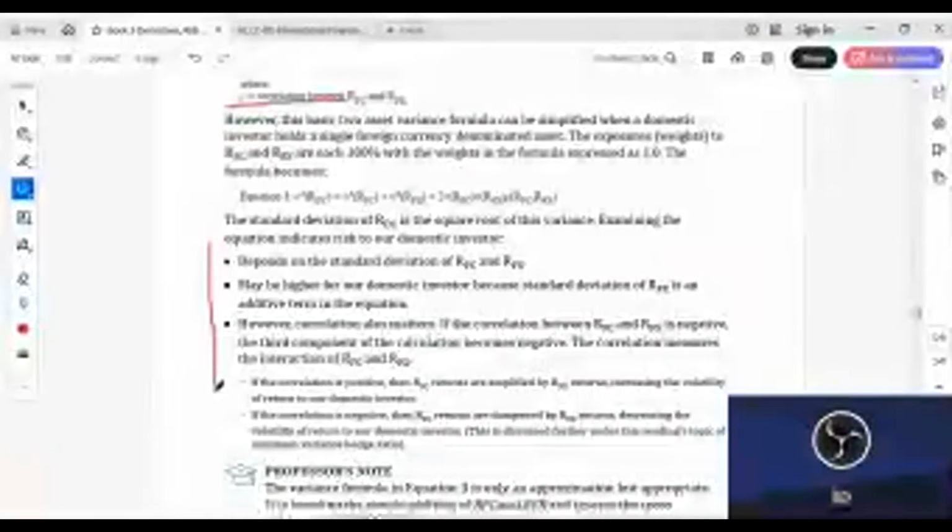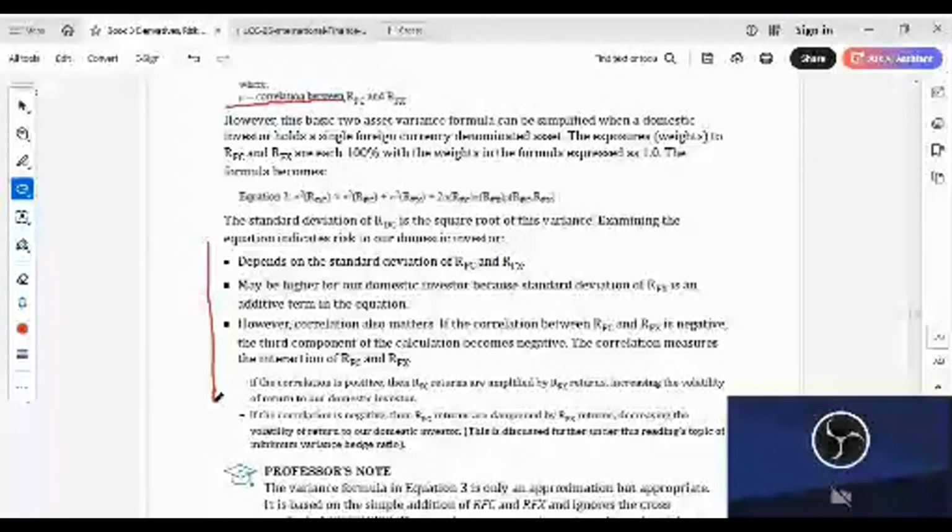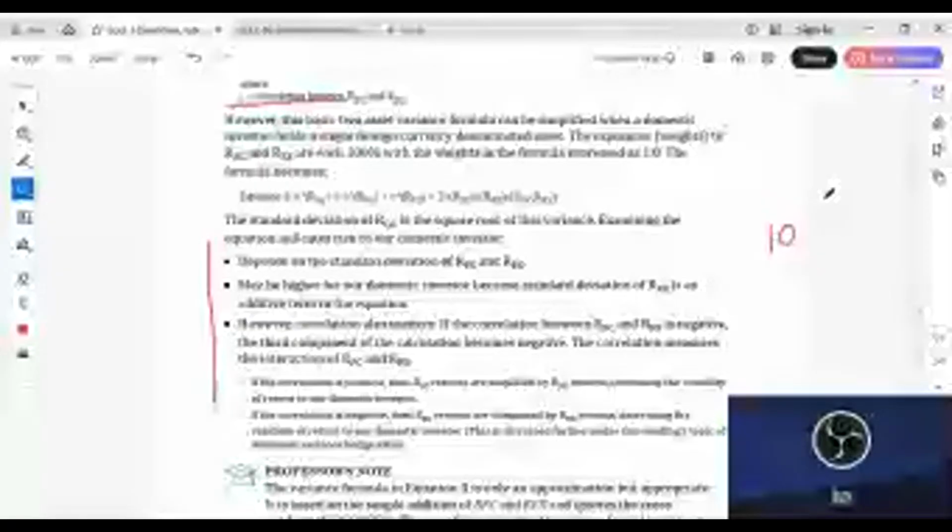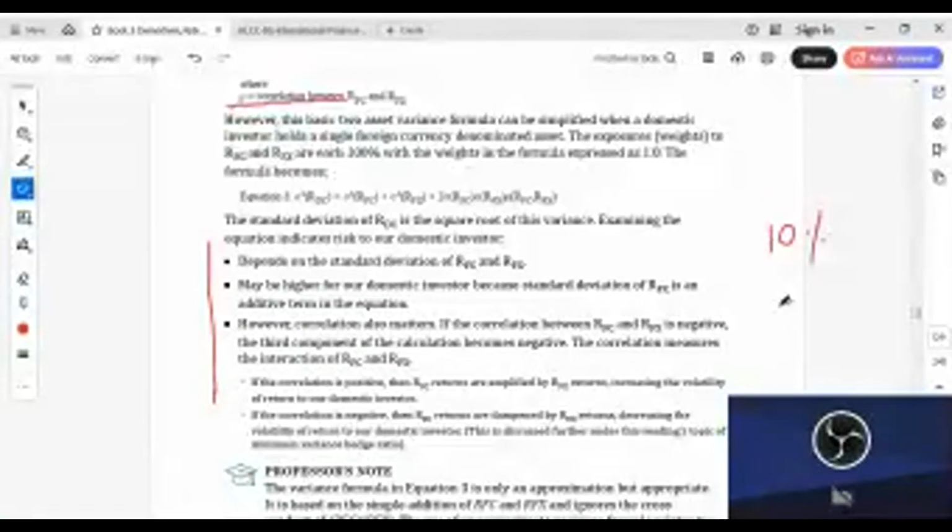See, you can just go through this. Basically, if correlation is less than 1, it means if I say that Nifty risk is 10% and rupee versus dollar risk is 5%, then overall I am not going to face fully 15% risk.